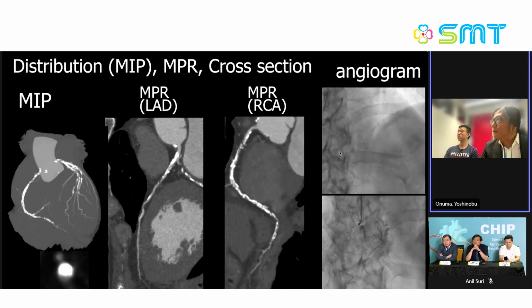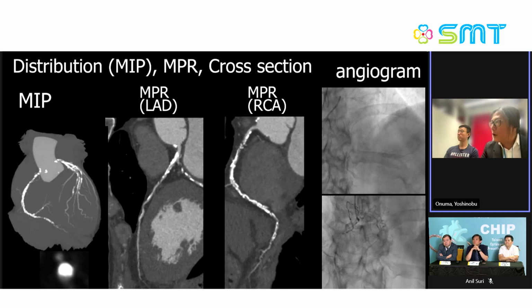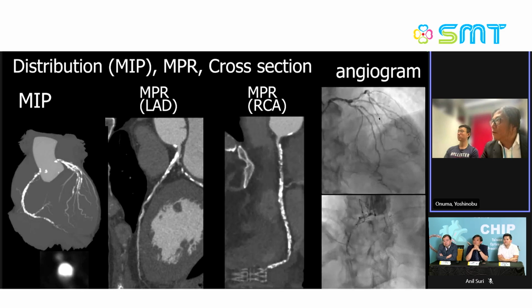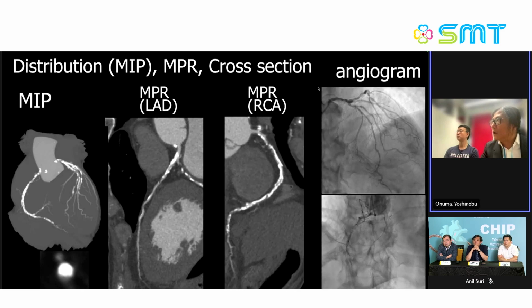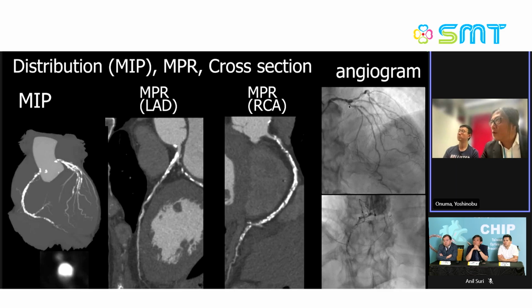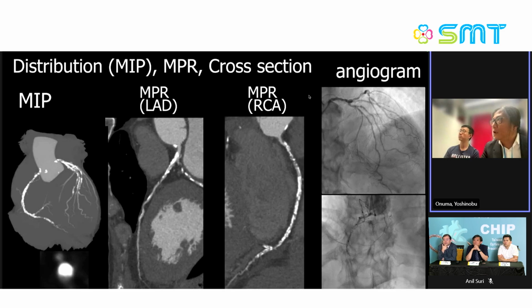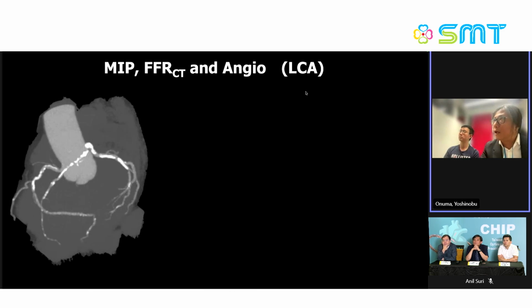But in this case, you can really see the heavy calcification. Lumen is also compromised in the right coronary artery, and the LAD was not really stenosed in this case, despite a lot of calcification in the proximal to mid part.